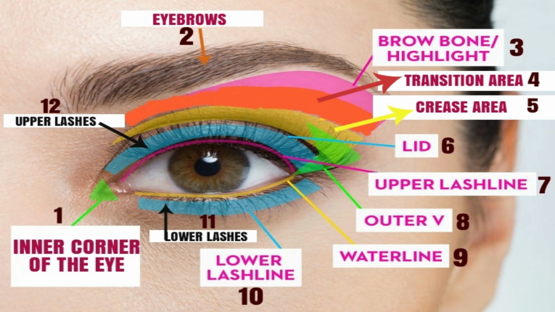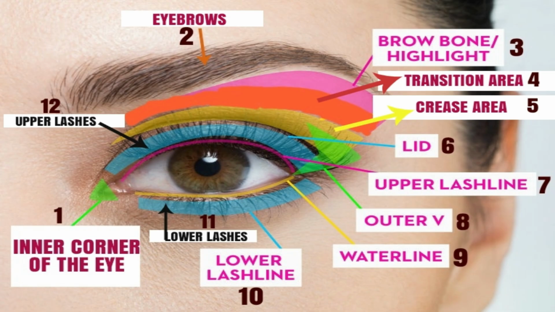The upper lashes is where you apply your mascara, several coats of mascara if you wish, just to make the lash pop and give that lash effect. So you apply your mascara on your upper lashes. So when I say take your mascara and apply on your upper lashes or your top lashes, some people also call it top lashes, that is what I mean by that.